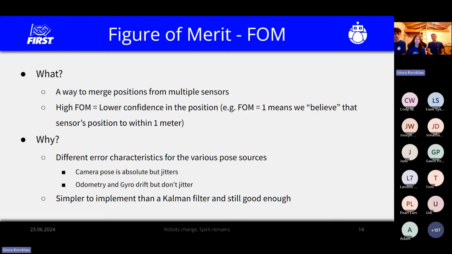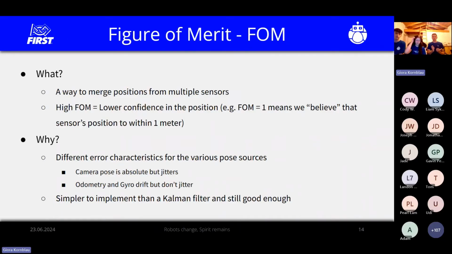Before I explain how we actually did it, I want to note that there are other methods to merge positions from multiple sensors, for example the Kalman filter, but it was too complicated for us to actually implement. This method is pretty good, as you see.